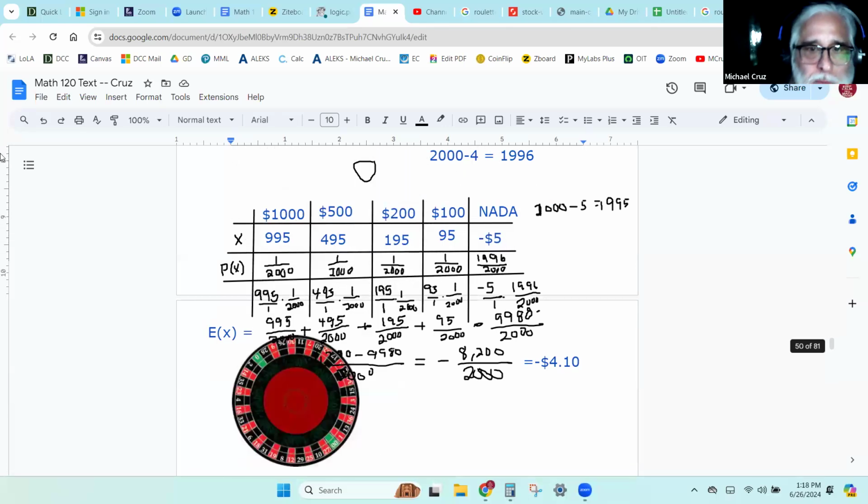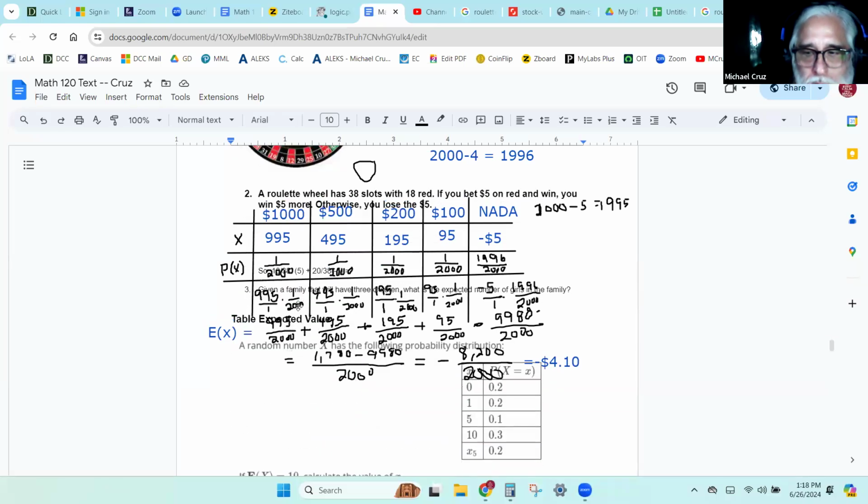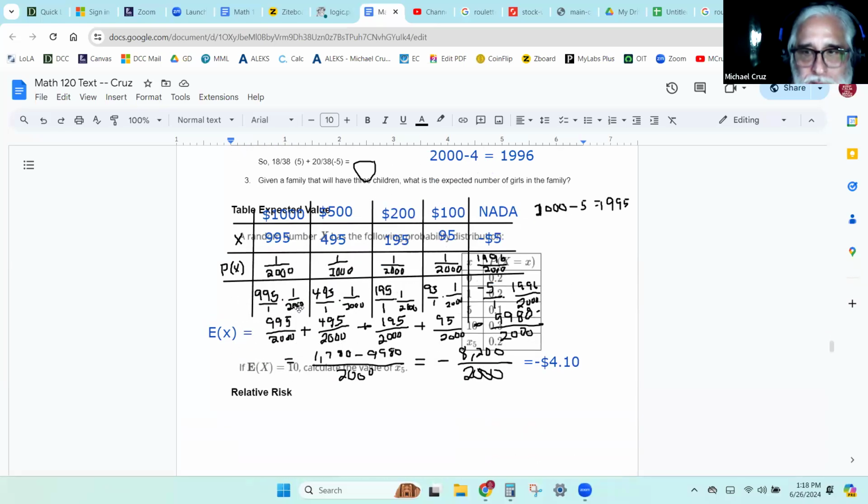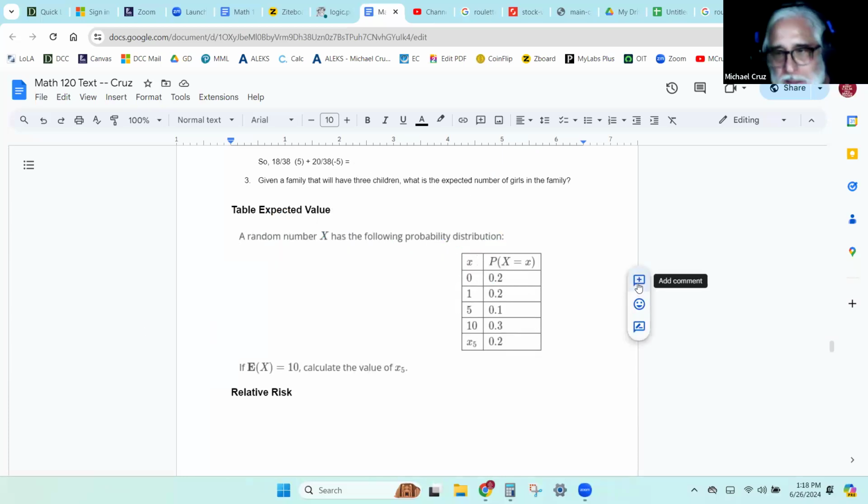All right, so sometimes these expected values can come in different forms. In other words, you can be given the expected value already. This right here is what we call a probability distribution. In a probability distribution, they all have to add up to 1.